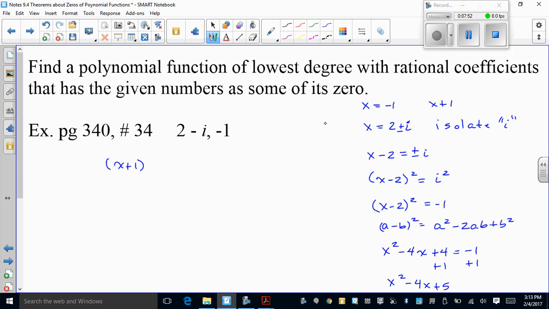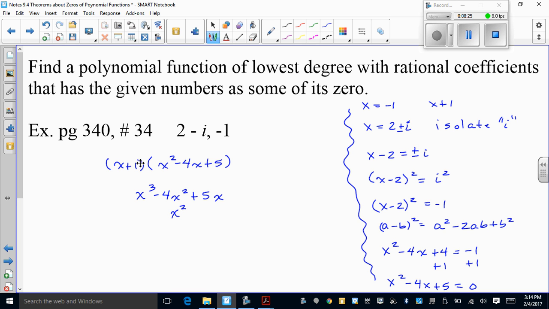Put a little line here because this is really just a bunch of side work. So our other factor is x squared minus 4x plus 5. And now you're ready to multiply this out. x times x squared is x cubed, x times negative 4x is negative 4x squared, and x times 5 gives us 5x. 1 times x squared is x squared, 1 times negative 4x is negative 4x, and 1 times 5 is 5.